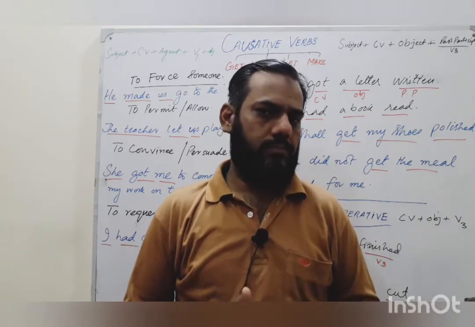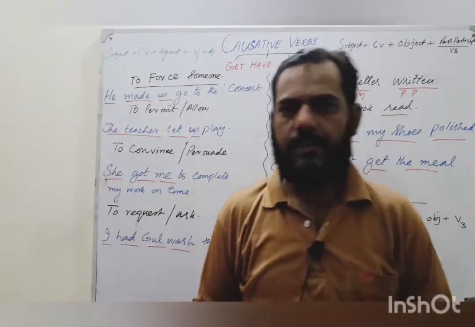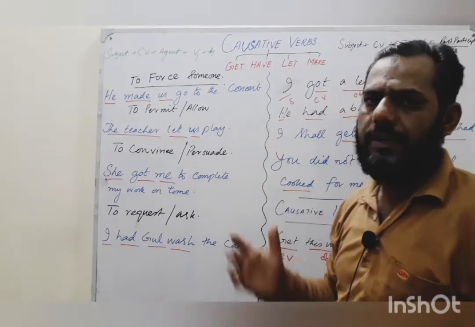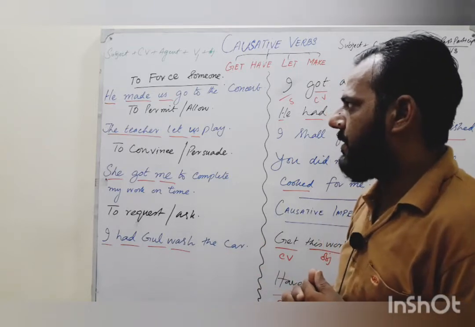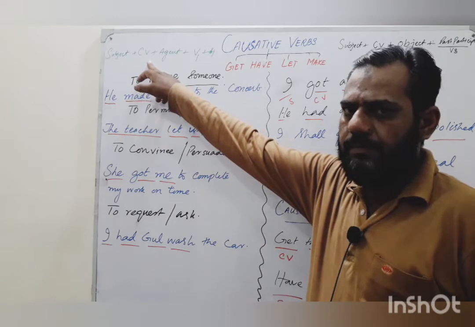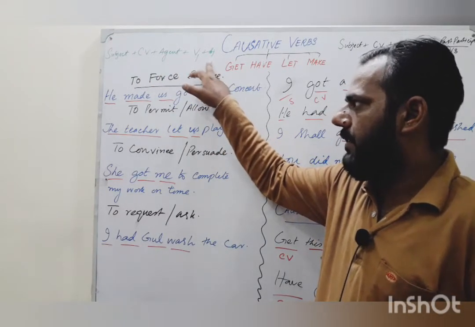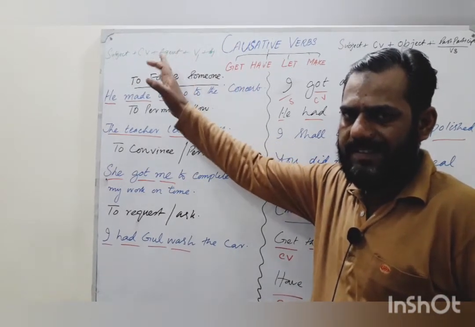And now we come to the board. You will try to understand how I have written it. I have written the three kinds of causative verb usage. The first one is when you have subject, causative verb, agent, and verb first form and object. This is the structure of the first causative sentences.